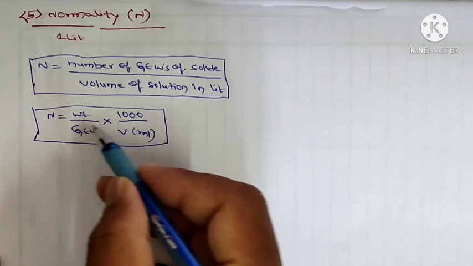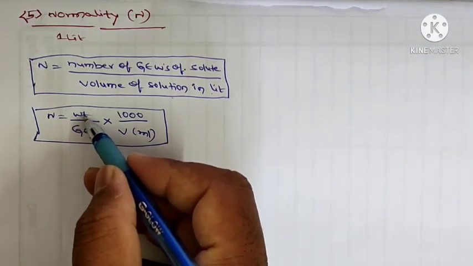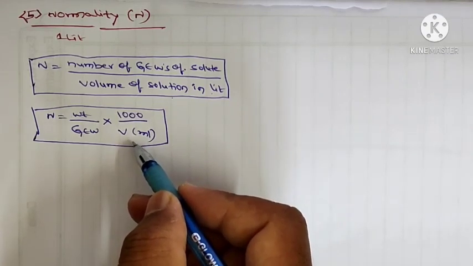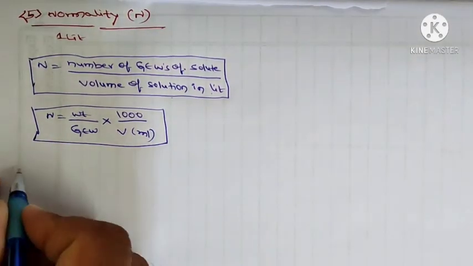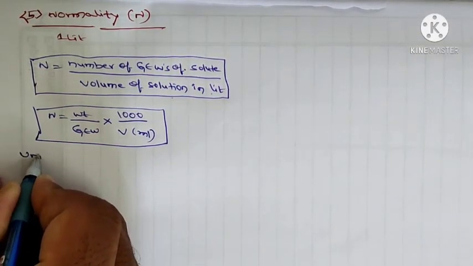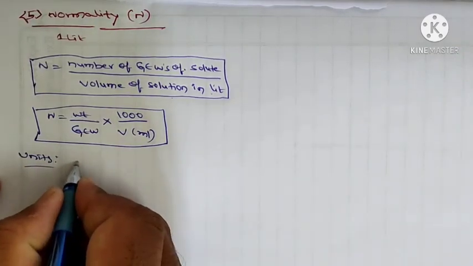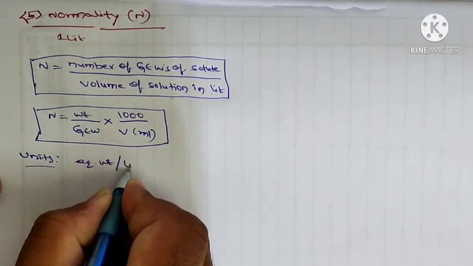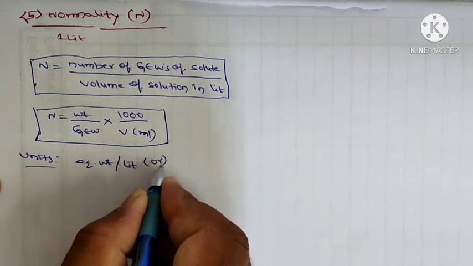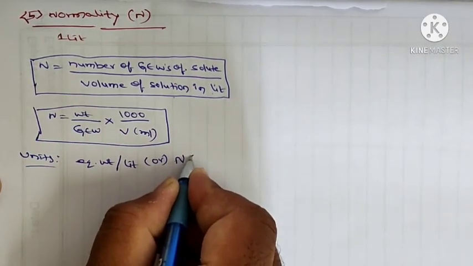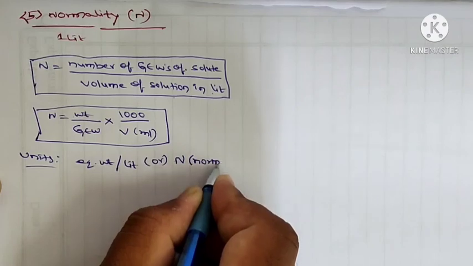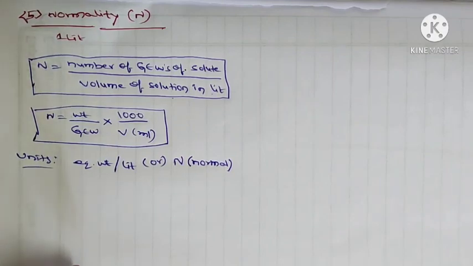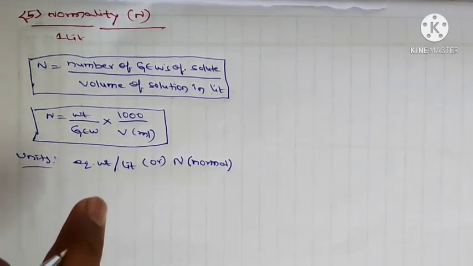W2 is the weight of solute in grams and V is the volume of solution in ml, and its units are equivalent weight per liter, or the other unit, capital N. Capital N means normal. Like molarity, capital M or molar, molality, small m or molal.